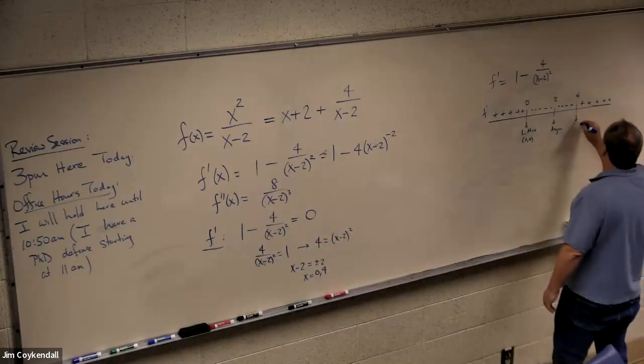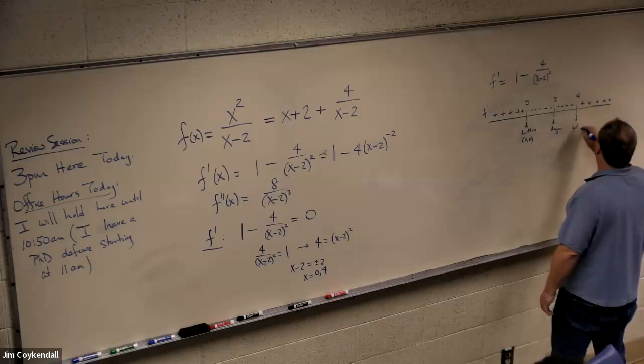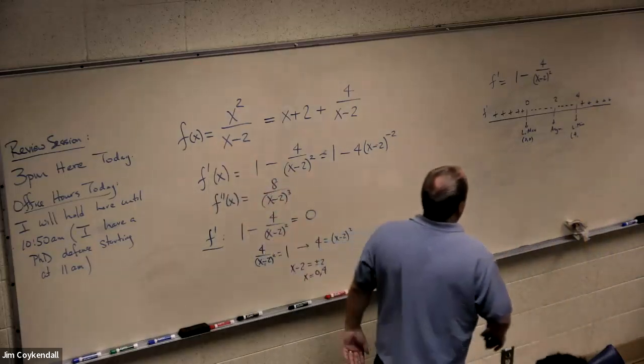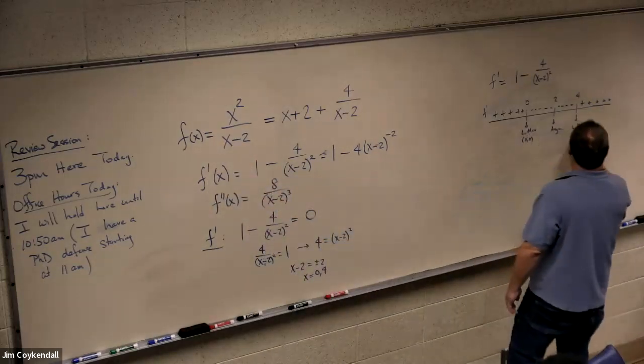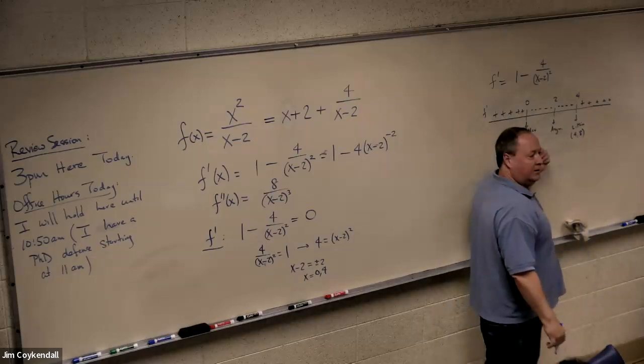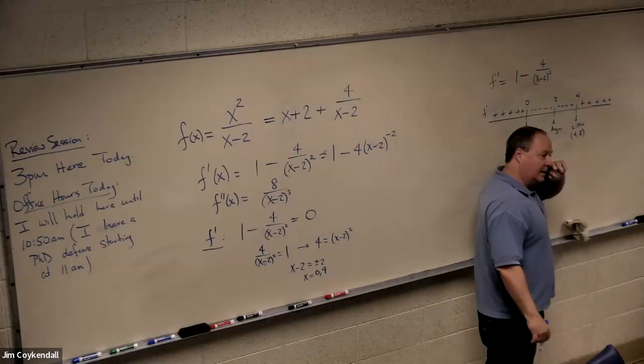And this looks like it's going to be a local min. It occurs at 4, 8. Let's see, 16 over 2 is 8. Funny, isn't it? Your max is lower than your min.